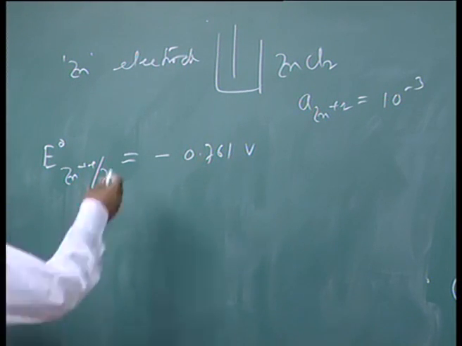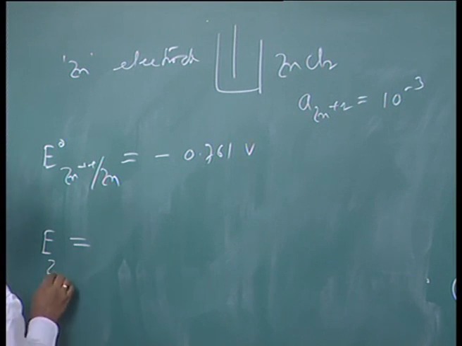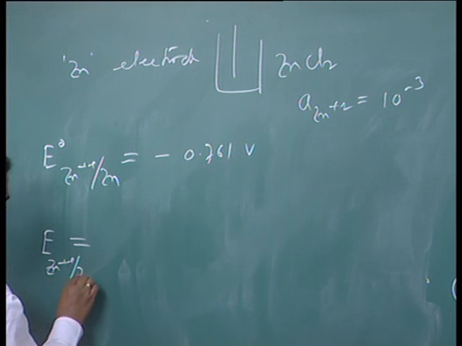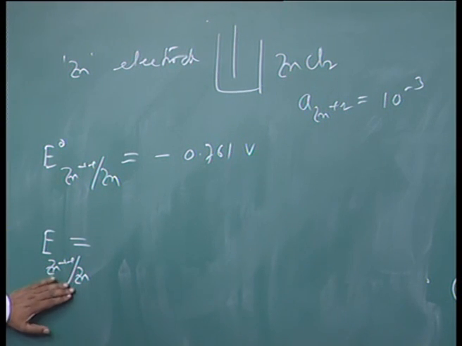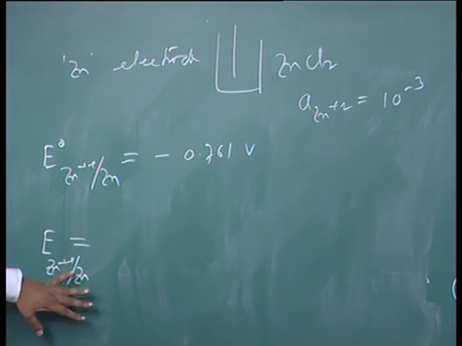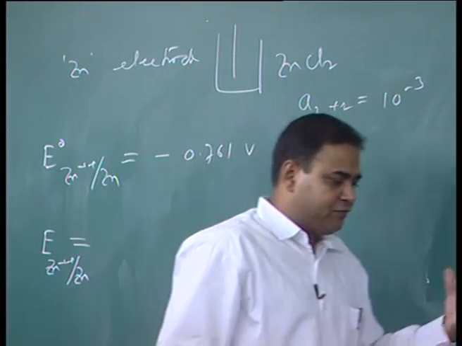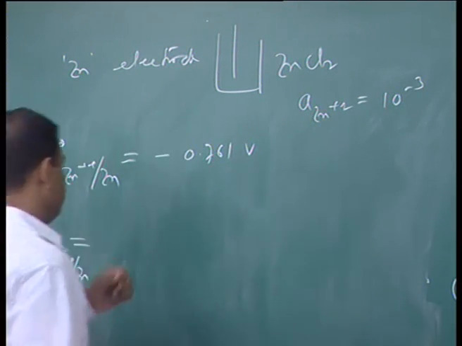Now, we can have the Nernst equation, E Zn plus plus by Zn. It is always preferred to write this in the subscript, because this will tell you whether you are taking potential in the form of reduction potential or oxidation potential.